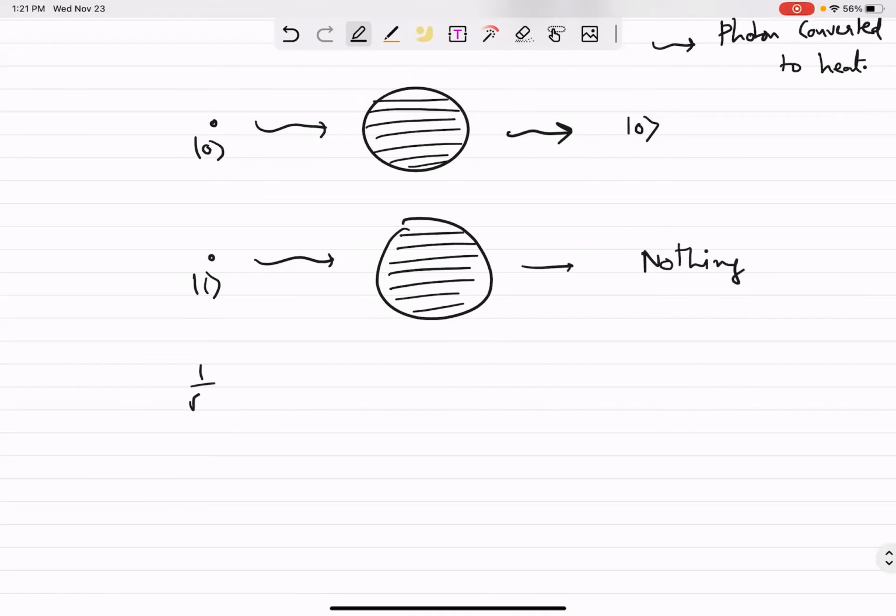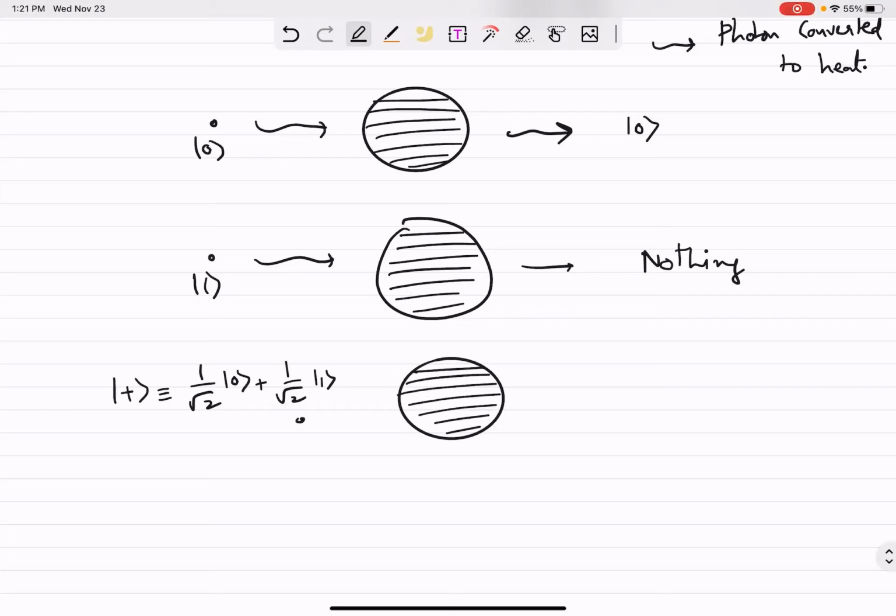And if I pass something which is like this, which is plus, then 50% of the time you see light go through, and heat 50% of the time.